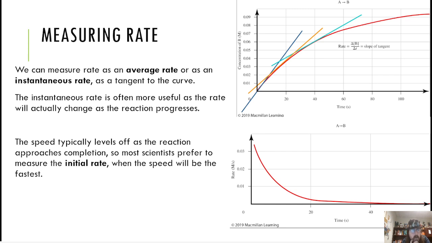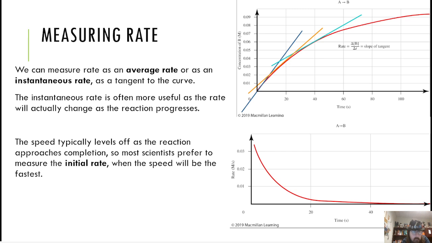So what scientists often want to look at is what's called the instantaneous rate. Essentially the rate at the very beginning where it is going the fastest. And so to do that, we are essentially measuring a tangent to the curve. If you've learned anything about differential calculus, instantaneous rate is basically a differential. You are looking at the rate at the instant of time where the slope of this line only touches the curve very, very briefly.